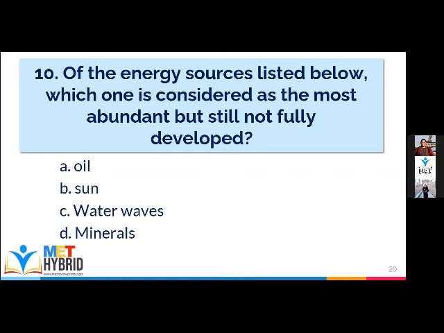However, most of our sectors, even here in Cebu, still cannot afford to have those particular devices. So eventually, the energy coming from the sun, although it is the most abundant, we are not still fully utilizing it. It's not fully developed. So number 10, we have letter B.